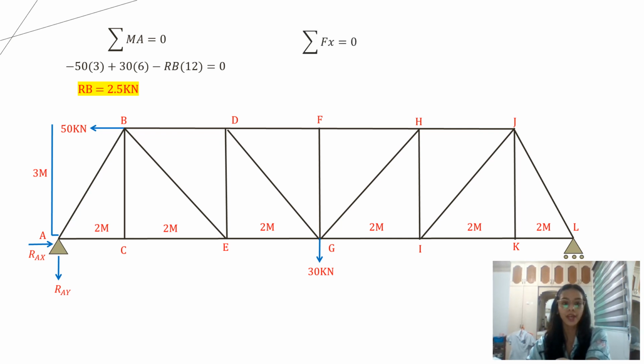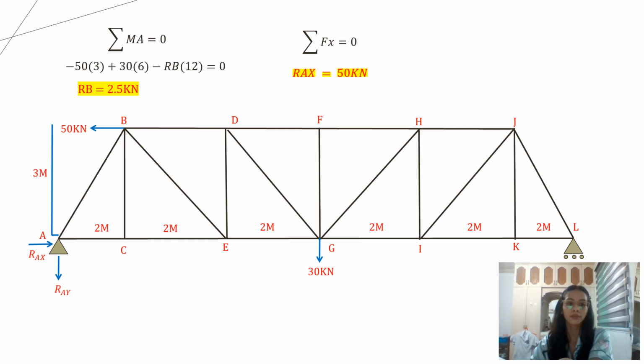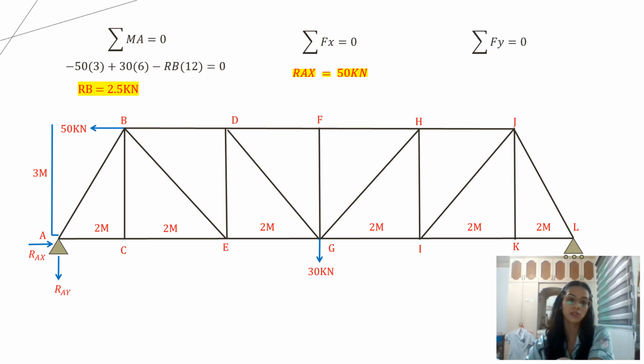So our Fx is, since we only have 50 kN, that's our only Fx. So our summation of Fy is the RB.